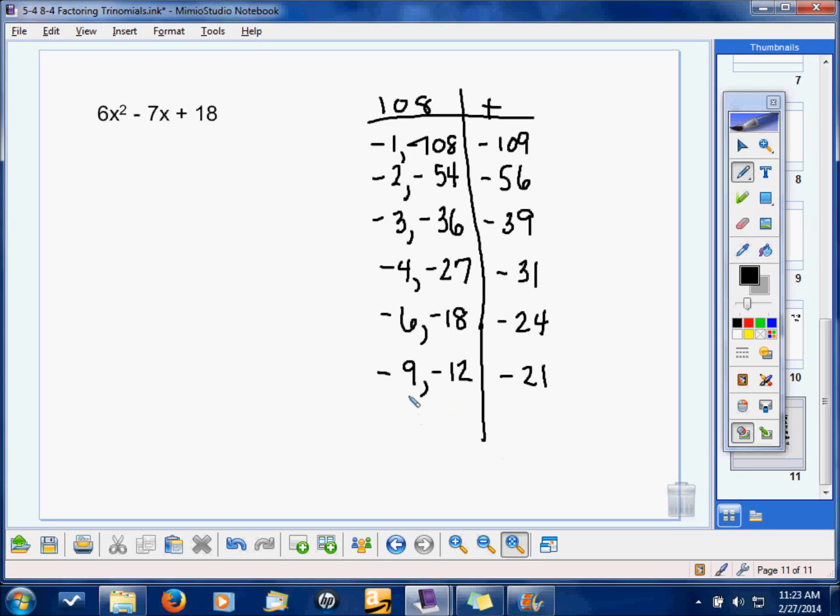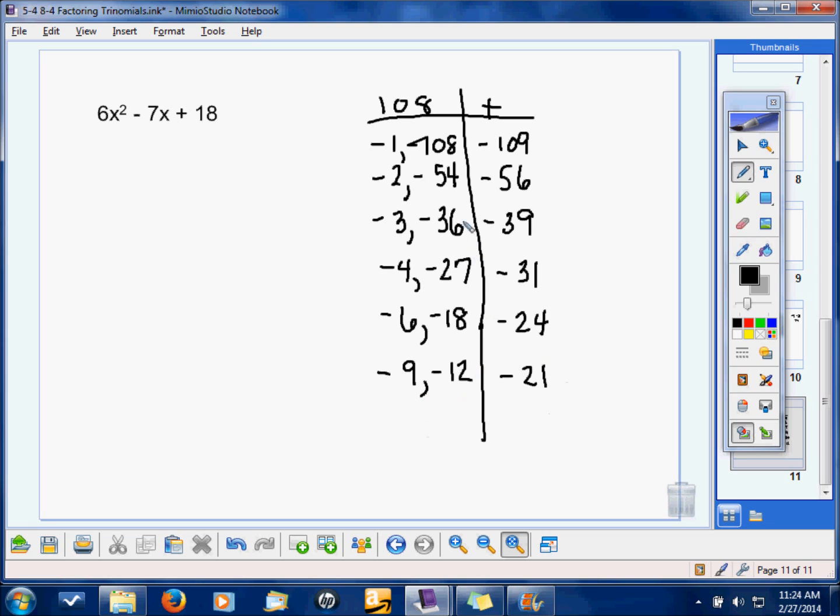Now the problem is if we try 10, 10 doesn't go in, 11 doesn't go in, 12 does go in, but it goes in 9 times. So what's going to happen is we're going to start having the repeats. So this right here represents all of the possibilities. We never got the numbers to work.